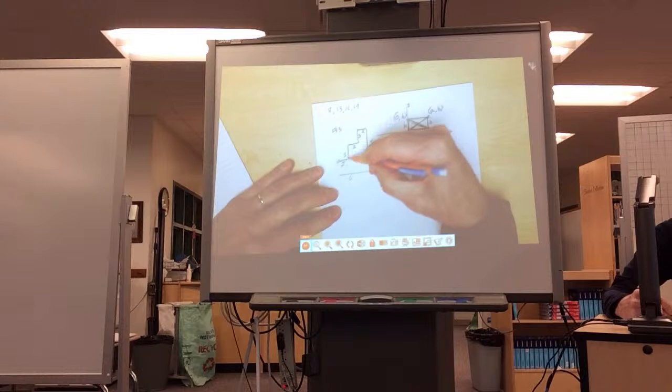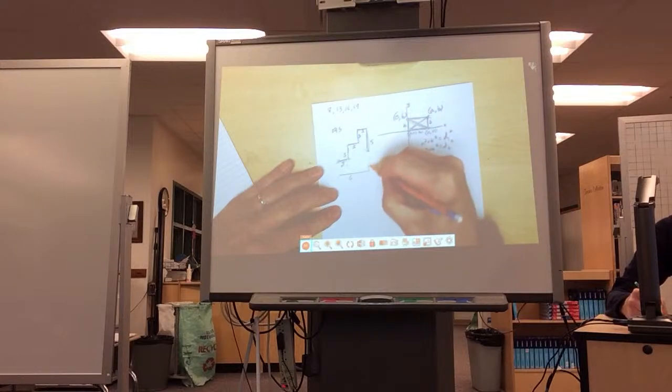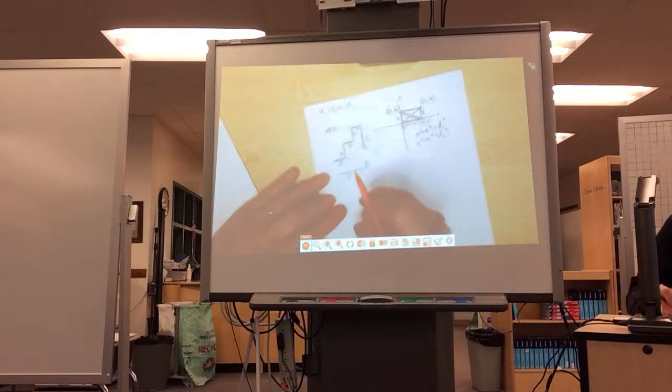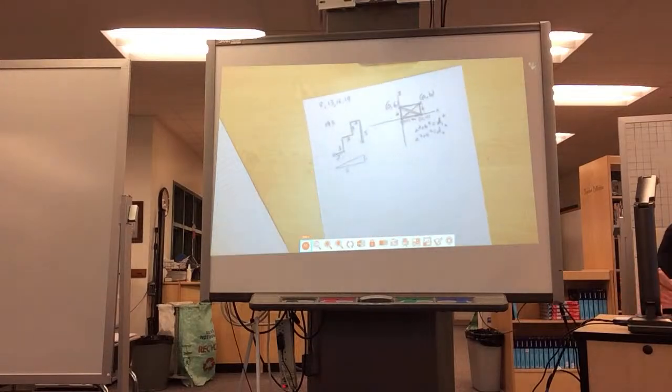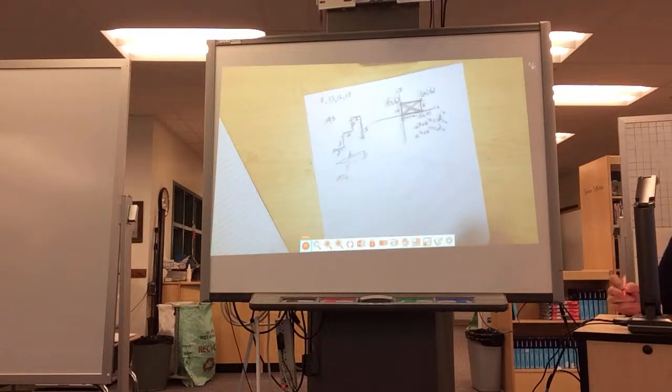And then it went north 3, 6, but it came back south 5. So that would mean it only has a total of 1 north. So all we need to do is find this distance along here. Can we finish that now? Okay. Then we'll go to 16.